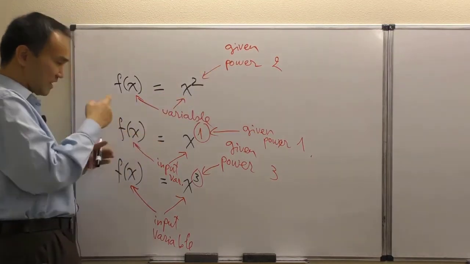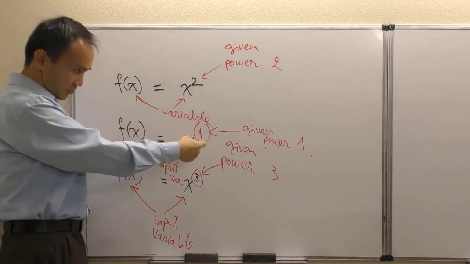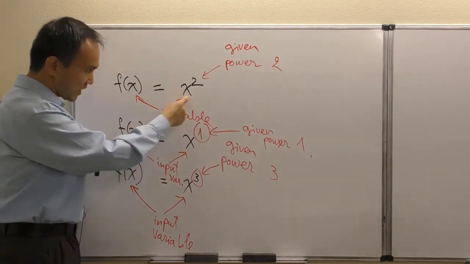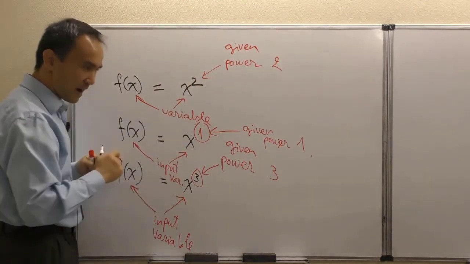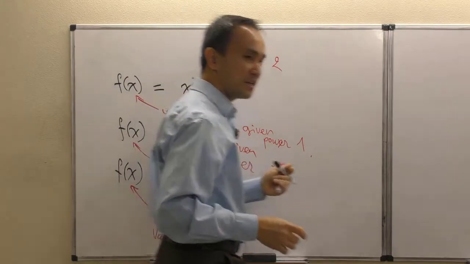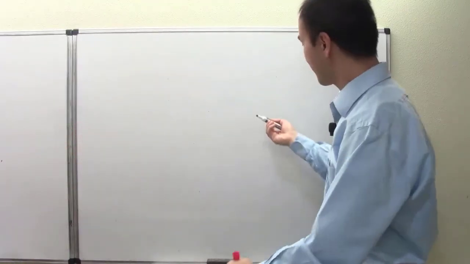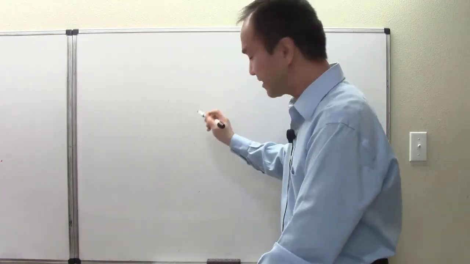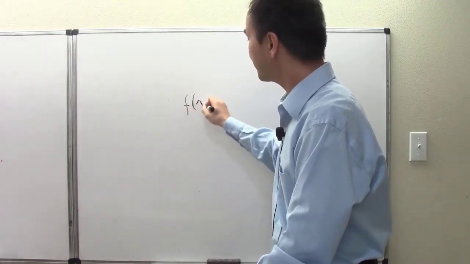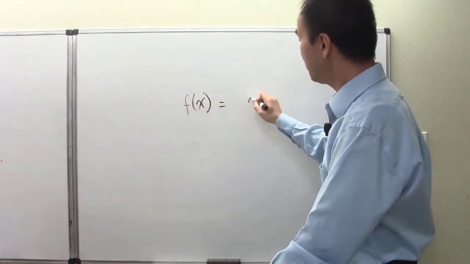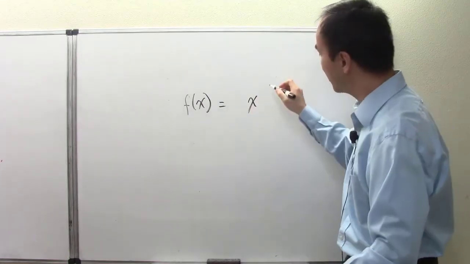In this function, it's a given power 1. Input raised to the power. Input raised to the power. So now, generally speaking, on this board of mine, the function we recognize here is the inputs, being raised to a power. How about P?